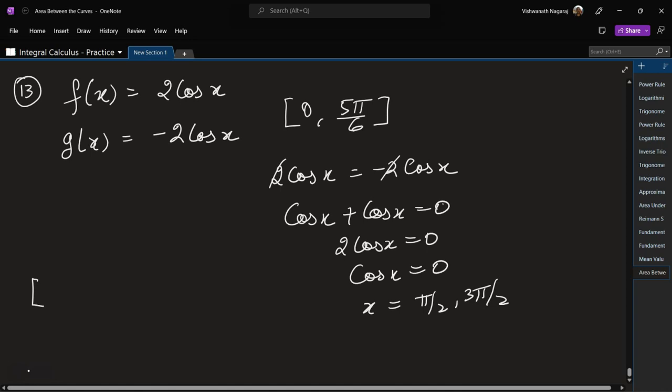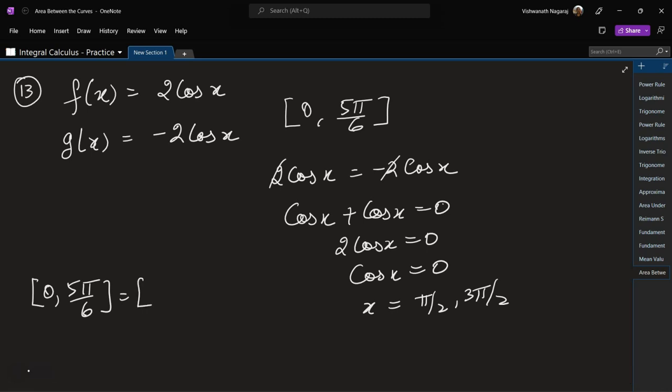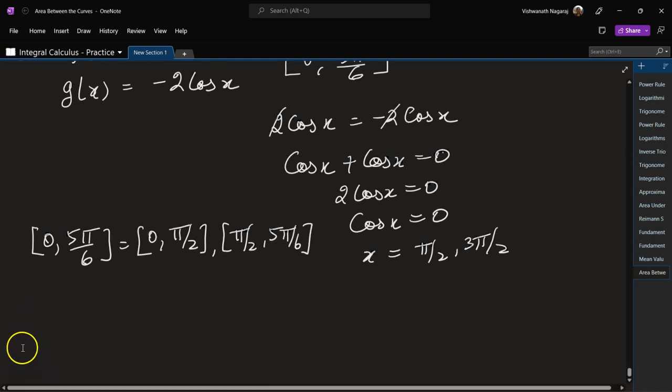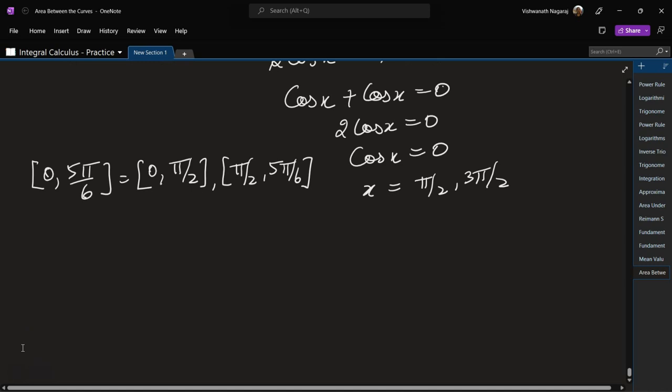Now, which means our interval 0, comma 5 pi by 6 gets split into two parts, 0 to pi by 2 and from pi by 2 to 5 pi by 6, because 3 pi by 2 is not in the domain.